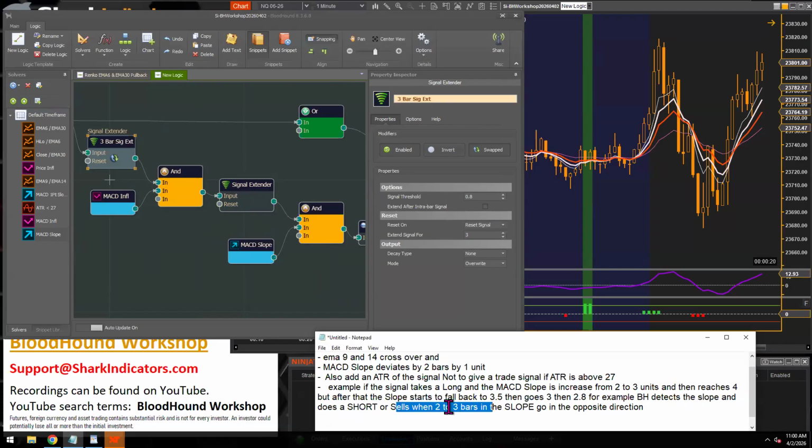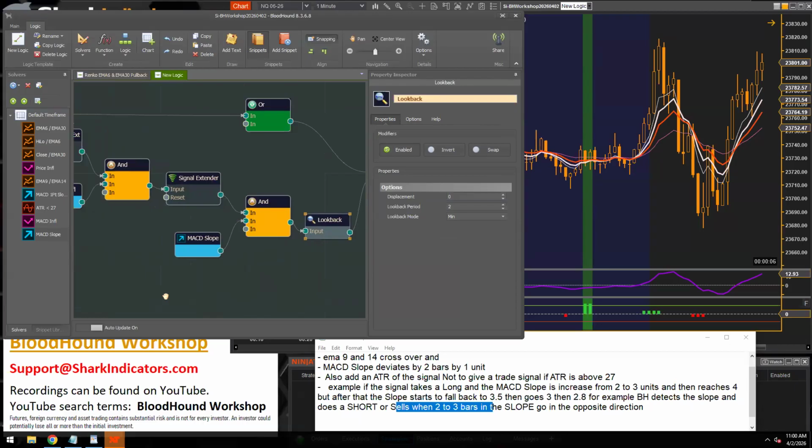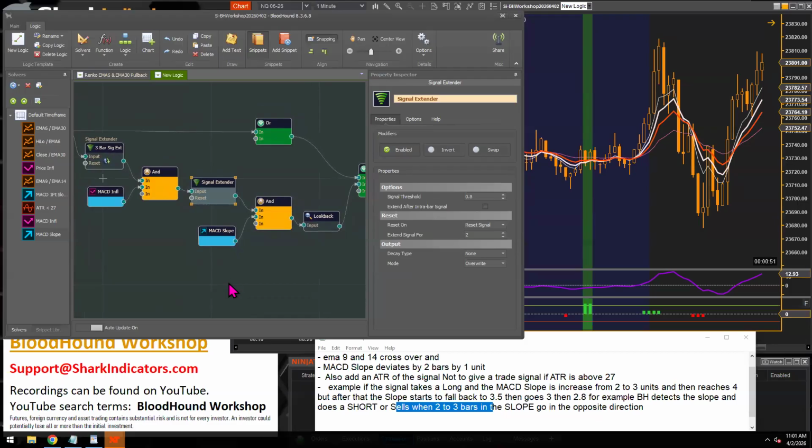How many bars do you want to be counting for that? Actually, I don't think this signal extender is needed. That might be extra. Yeah, I'm just going to knock it down to 1. There we go. I should have knocked this down to 1.